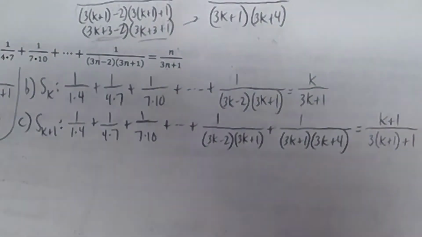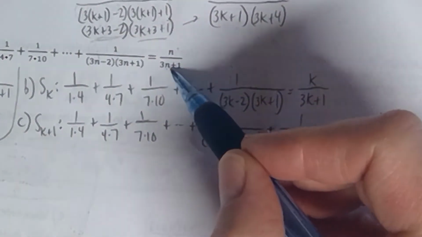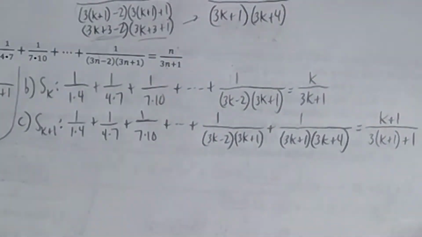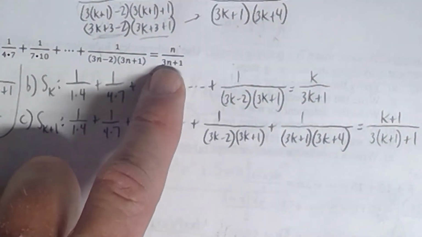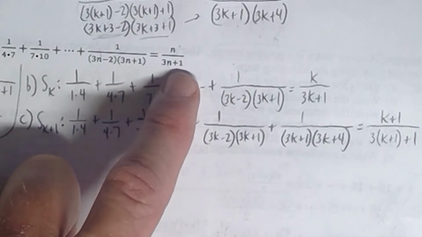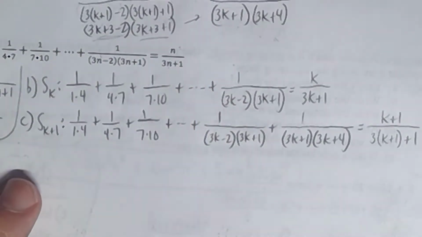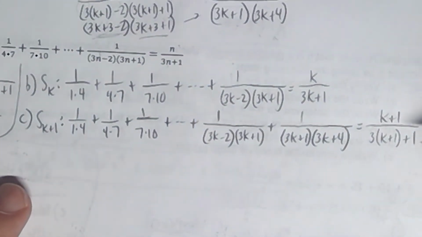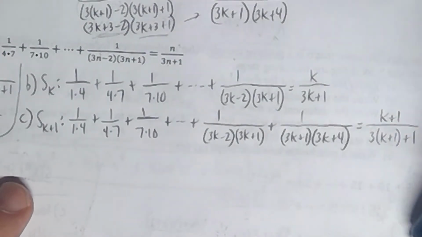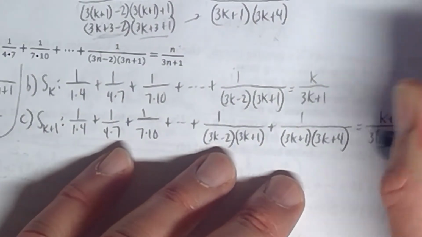If it's n squared, it's a little bit more complicated than that. But since it's just n to the first power and there's no exponents, you can just take what you plugged in, distribute that out with the 3, and then combine with the 1. And so that would become what here if I did that?